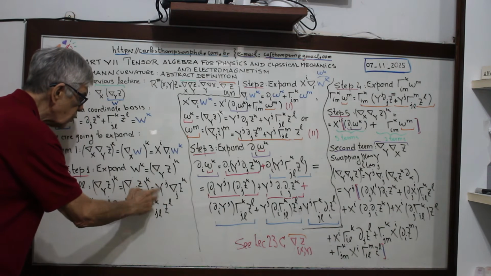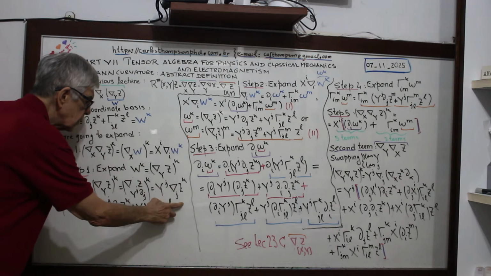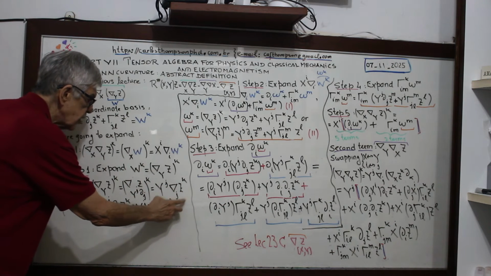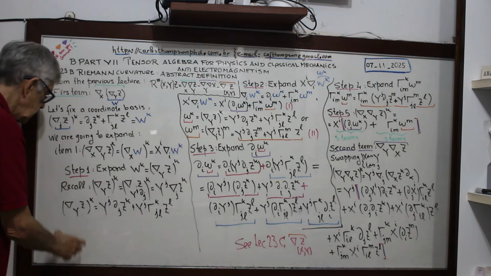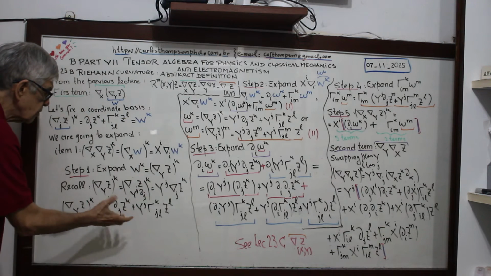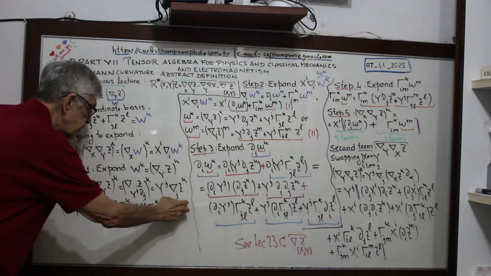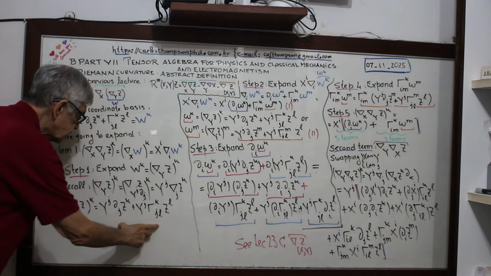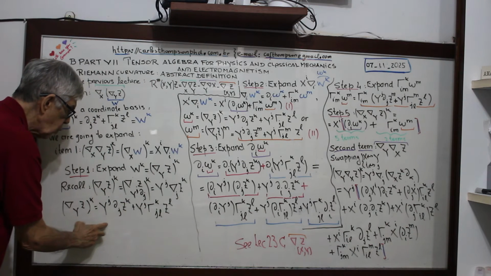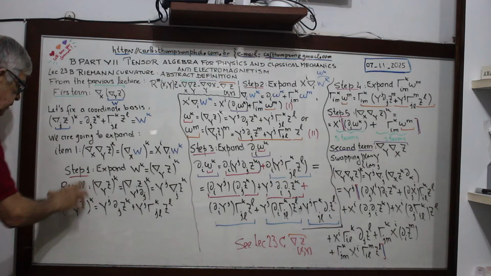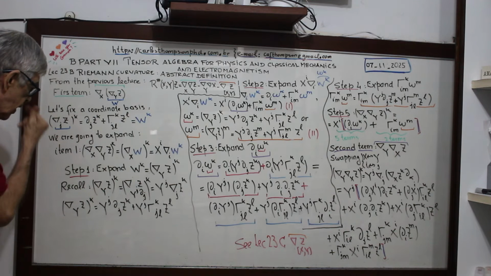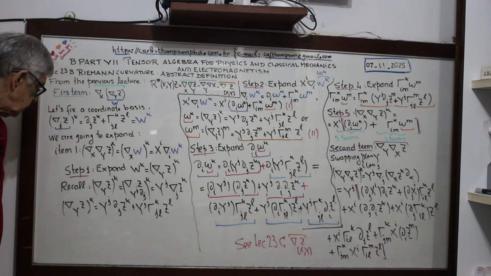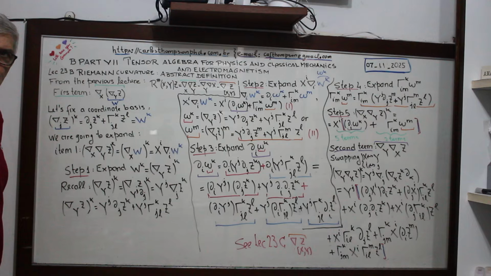That's why I have yj, covariant derivative xj of zk. Then I expand this. This covariant derivative of zk is just multiplied by yj. That's what we derived when we gave lectures about properties of the covariant derivative.